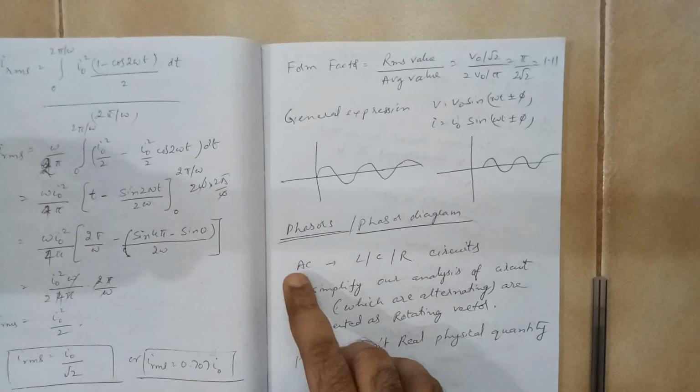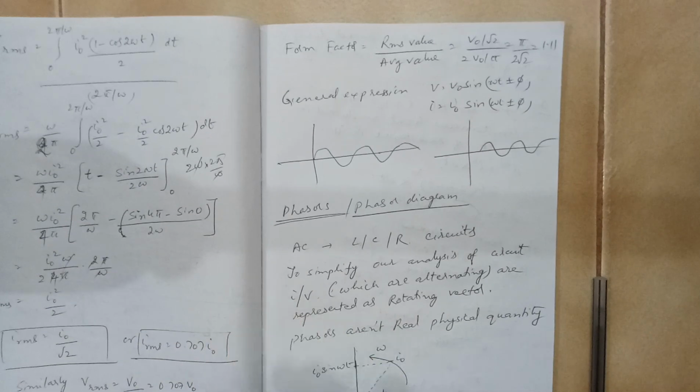Next we'll talk about phasors. See, phasors are basically developed to simplify the circuit analysis, to understand the circuits. Okay, they are not real physical entities such as momentum, acceleration, velocity.